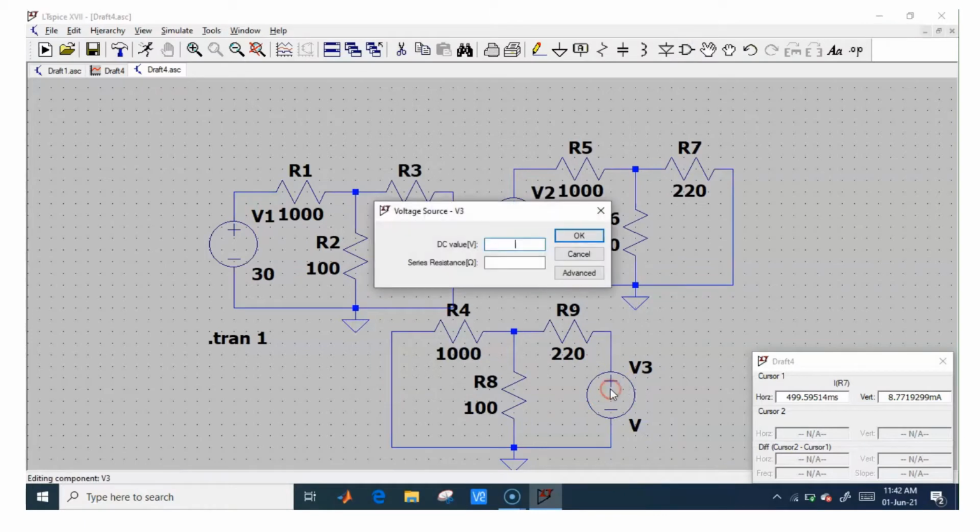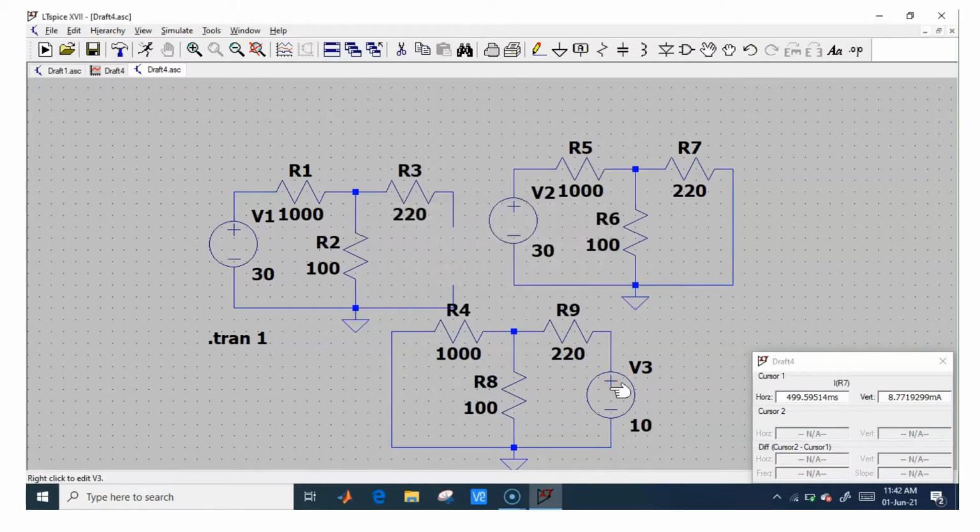Let it be 10 volt, and we can find the current flowing through the circuit. When we divide that voltage by this current, we will get the equivalent resistance value.